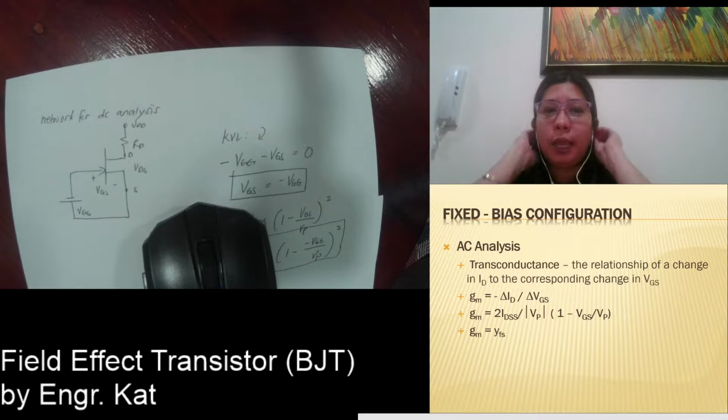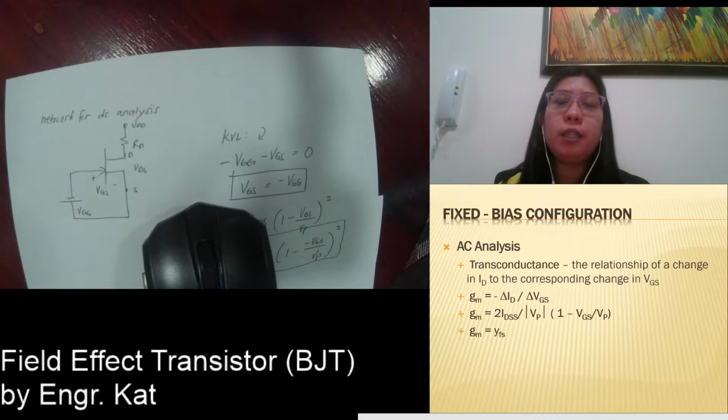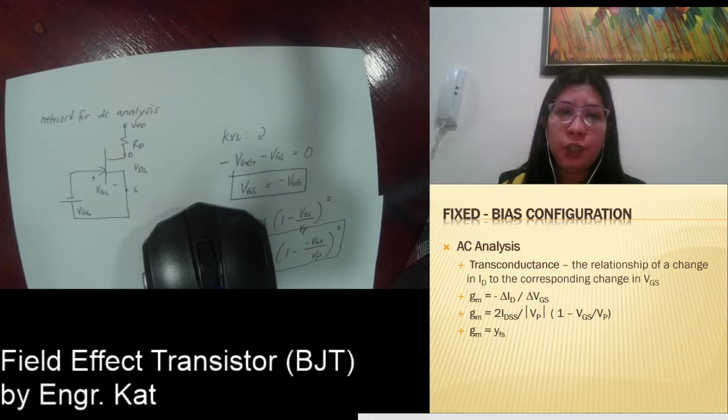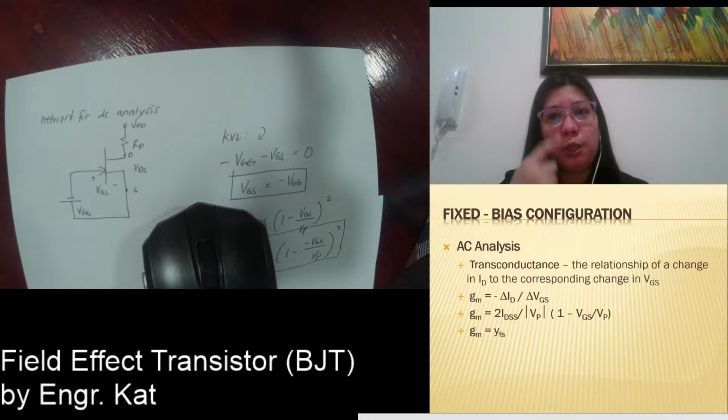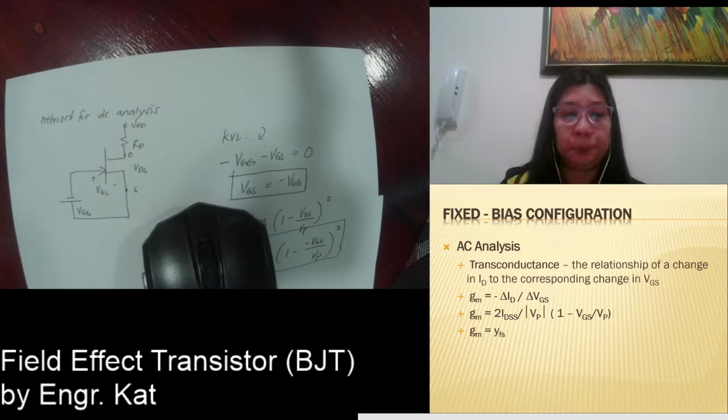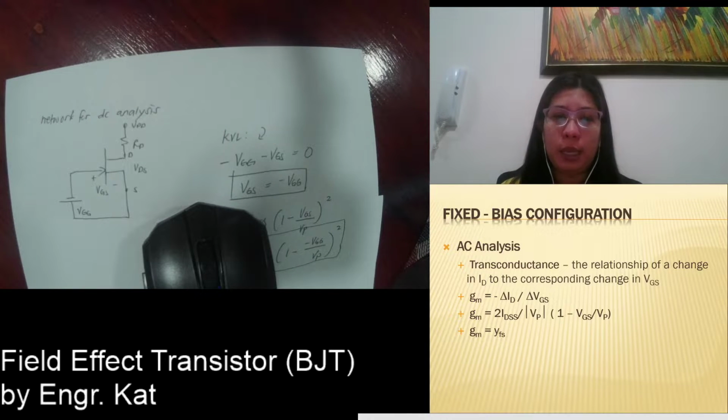In AC analysis for fixed configuration for JFET, the important thing we have here is your transconductance. Your transconductance is the relationship of a change in ID to the corresponding change in your VGS. So your transconductance gm is given by the change in ID with respect to the change in VGS. This is given by the formula 2IDSS divided by VP multiplied by 1 minus VGS over VP.